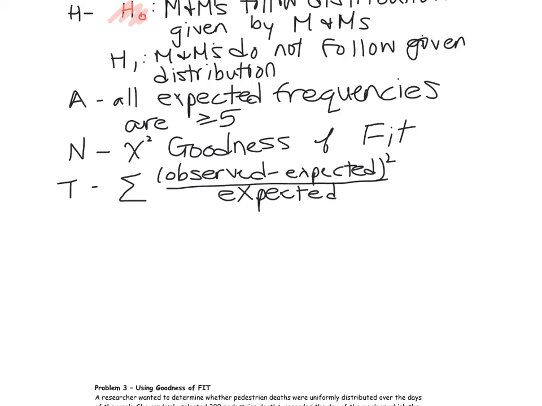In this case, how many categories do we have? 1, 2, 3, 4, 5, 6. So we would have to do this part 6 times and then add them all up. Okay, so try that out by hand. I'm also going to show you how to use the calculator to make it a little bit easier. So you can look at that in the next video. But in short, you guys can try it on your own by hand.